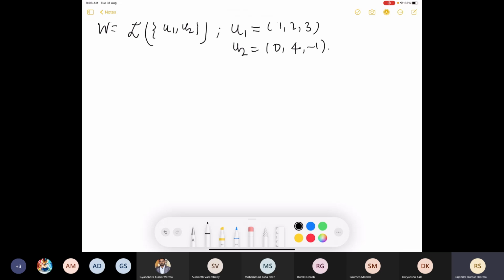So the annihilator of W is the annihilator of this linear span. That means this is the annihilator of the span of U1 and U2.